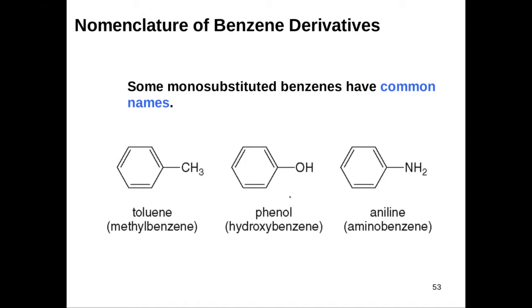For instance, if you ever work in a molecular biology lab, you'll use phenol a lot. It's a pretty common chemical. Aniline is commonly used. Sorry, the rest dropped off the top of my head, but you can Google aniline and toluene.